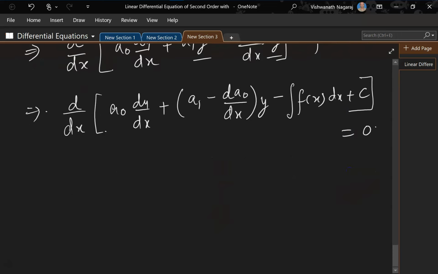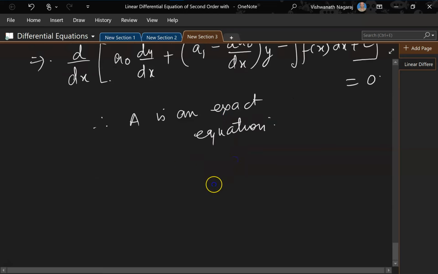So do you notice something? We have arrived at a first order linear equation, which when we differentiate, we will get back the second order differential equation. And so we can say that A is an exact equation. Okay.